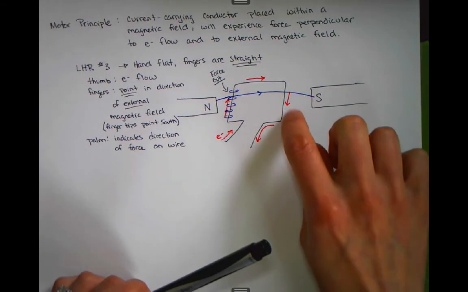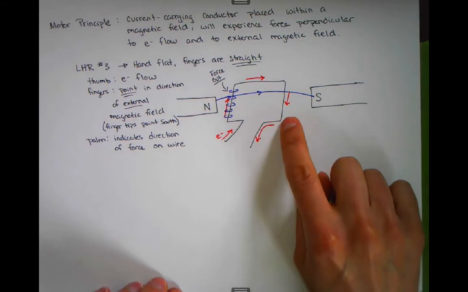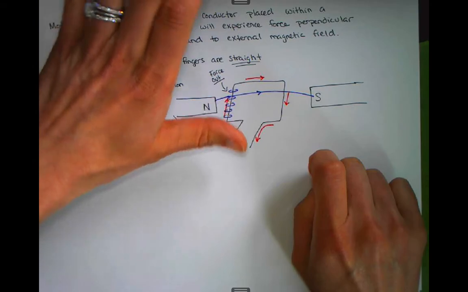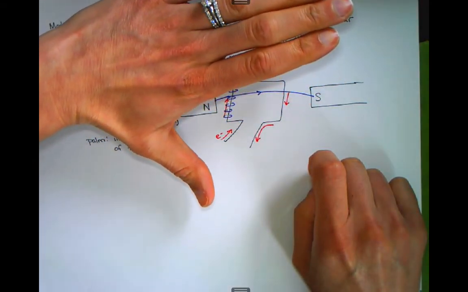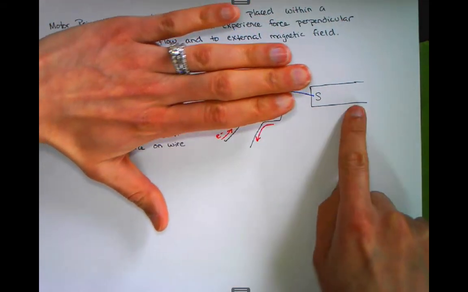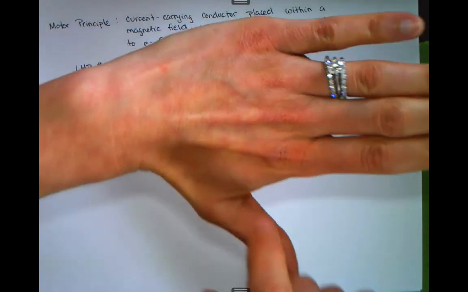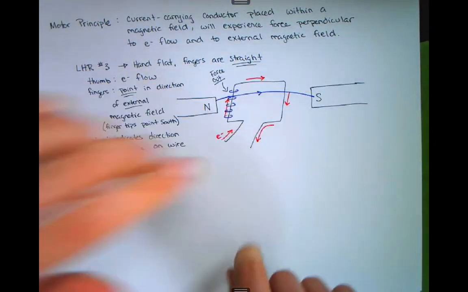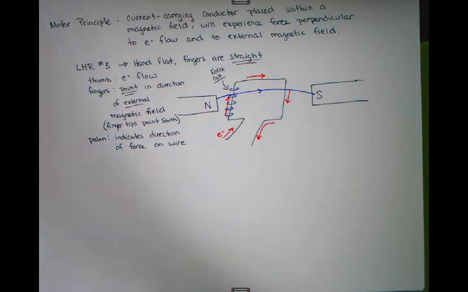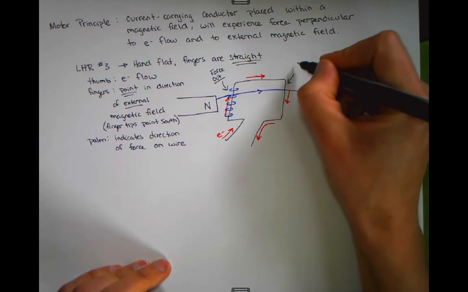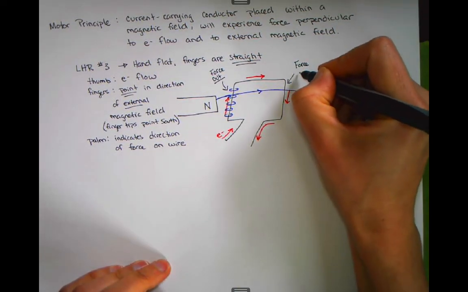Let's do this side of the wire. On this side, my current is flowing down the page. My fingertips have to go from north to south, and so now my palm is going into the paper. So this side of the wire, the force will be into the paper, or into your page.